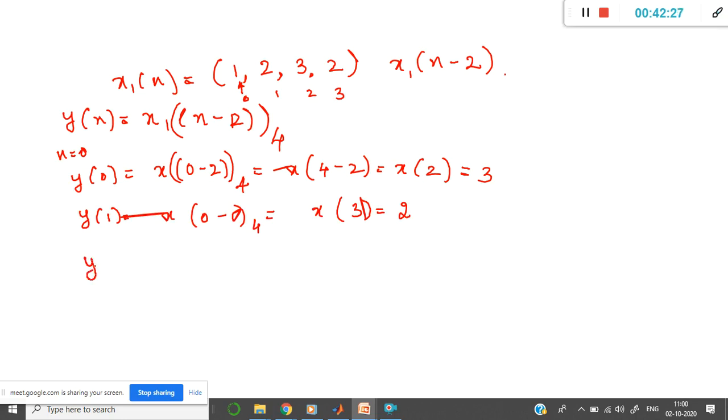Similarly, y of 2 is equal to x of 2 minus 2. So this will be x of 0. X of 0 is nothing but 1.